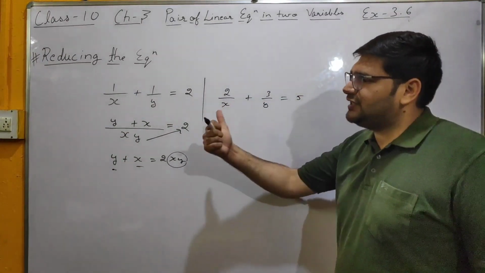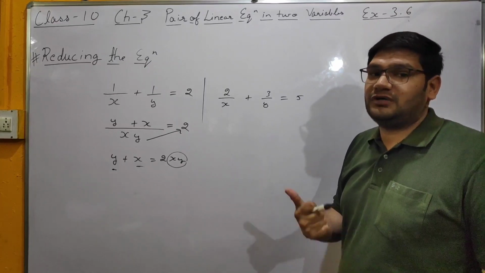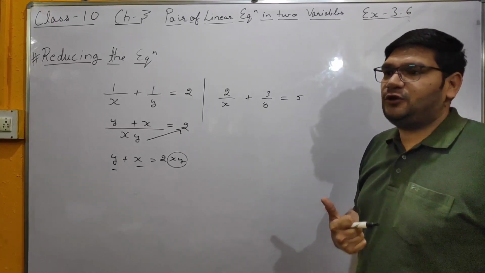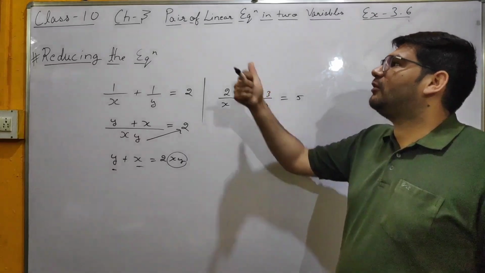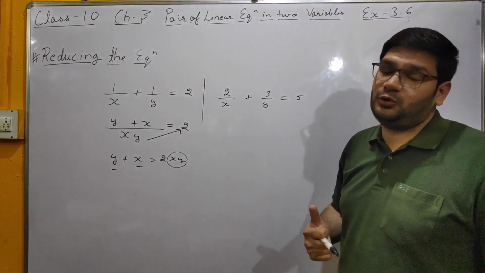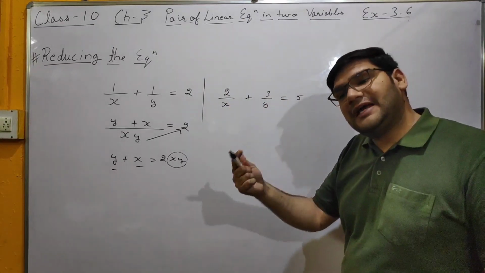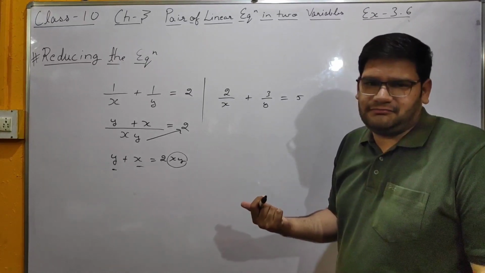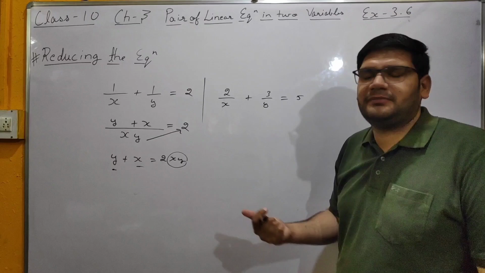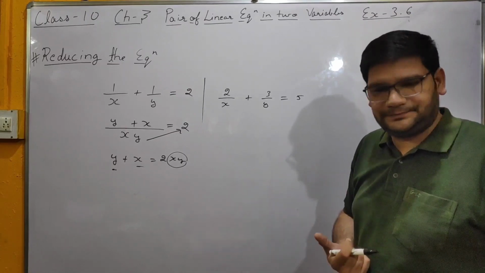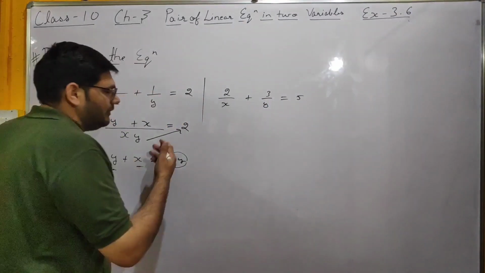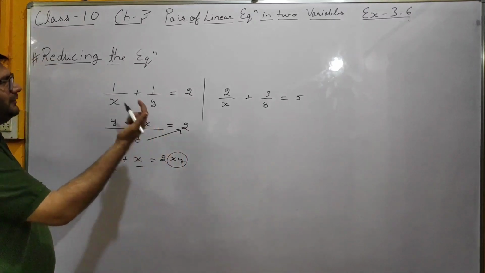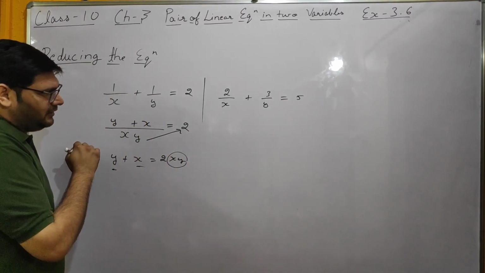We need to reduce these equations in the standard form of pair of linear equations in two variables. And after that, we have to use either of the methods, maybe elimination, maybe substitution, maybe cross multiplication. It depends upon you. So now how will we proceed if we are doing the reducing method.